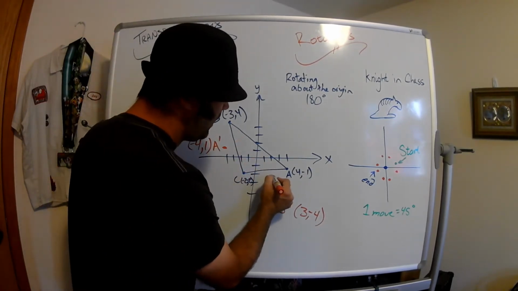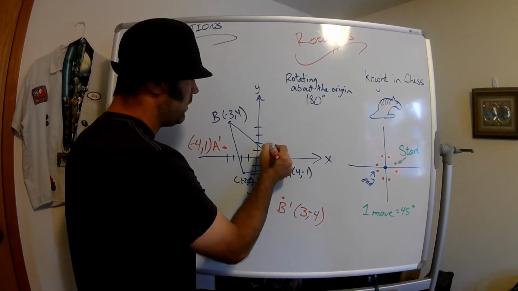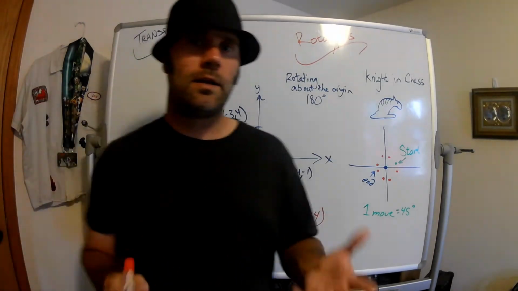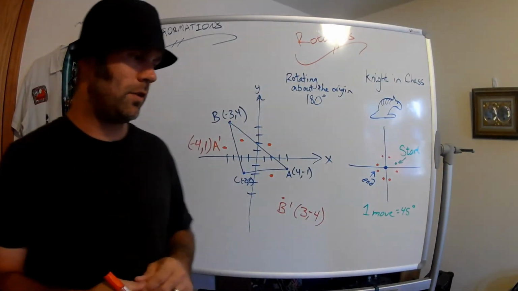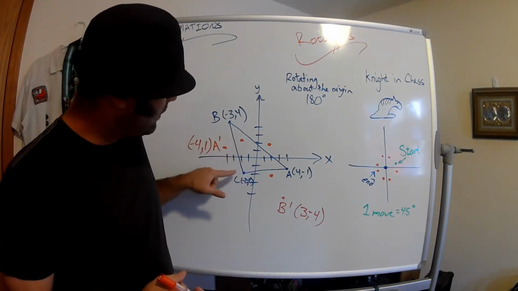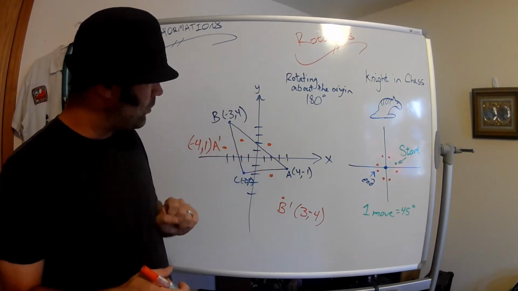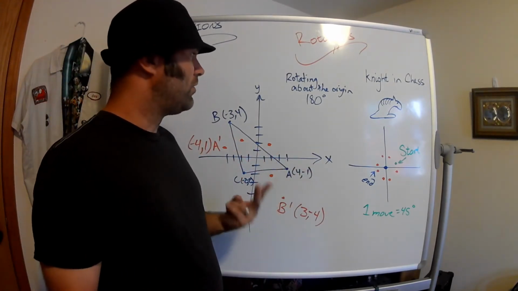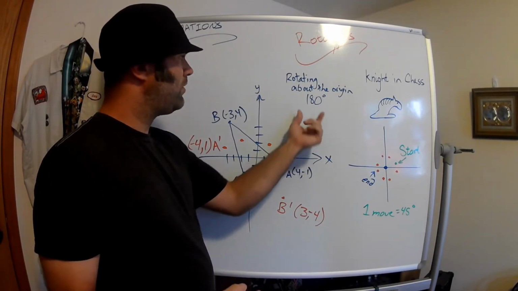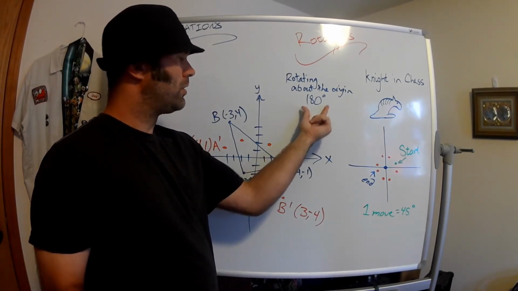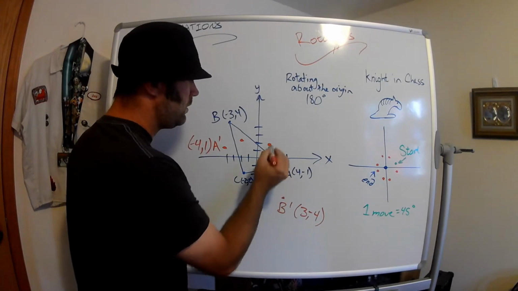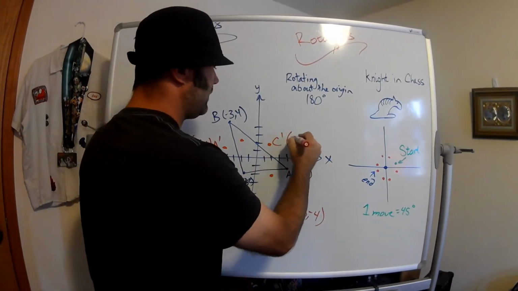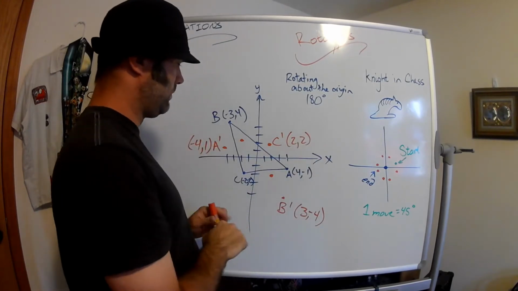It's always over 2 and up 2, or over 2 and down 2. So this is the special case where you only get 4 choices. And so half of 4 is 2, so we're going to move 2 movements, half of a circle. So 1, 2 movements, and here is C prime at 2, 2.